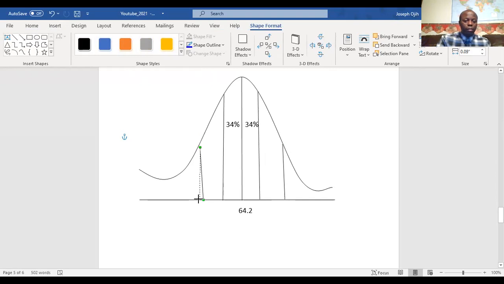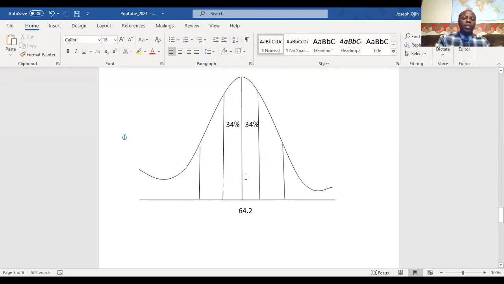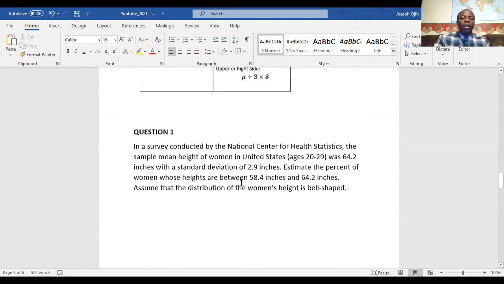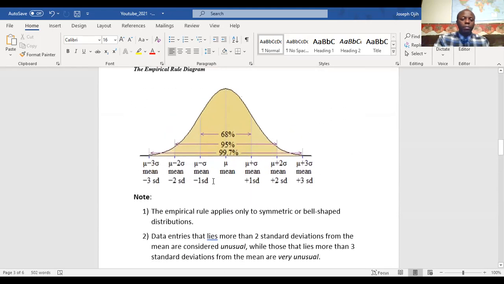Okay. Now, what does the empirical rule say for 2 standard deviations? If you look at our chart for the empirical rule, it says 95% is for 2 standard deviations. Now we already have 68%, so we cannot count it twice. So we do 95% minus 68%, and whatever is left will be what we're gonna put here.